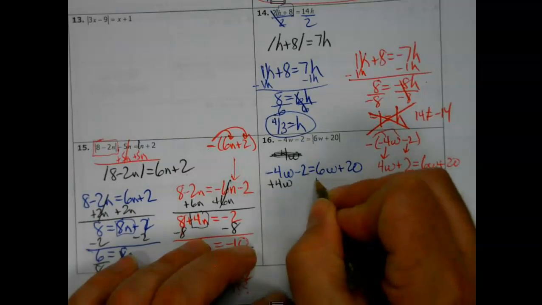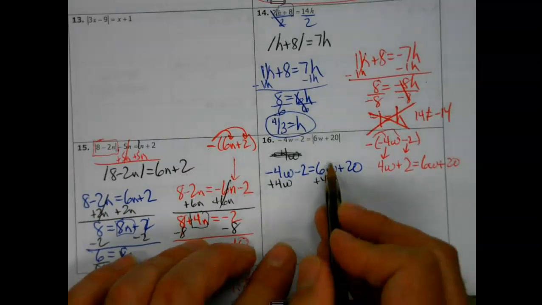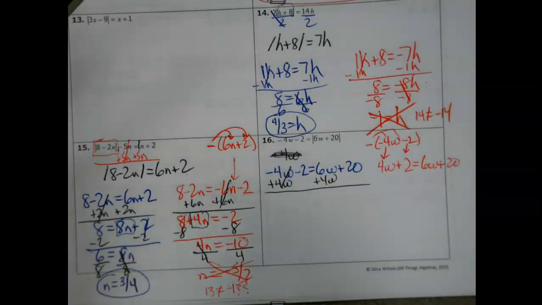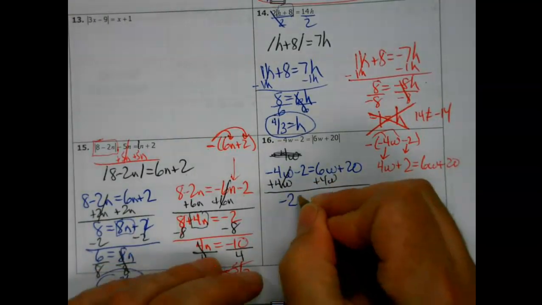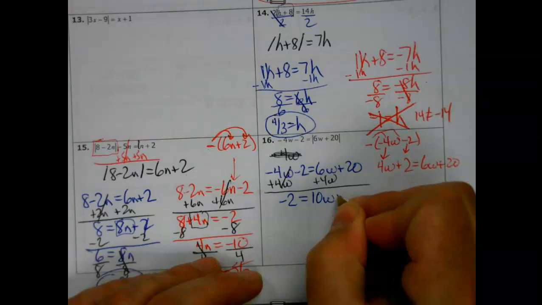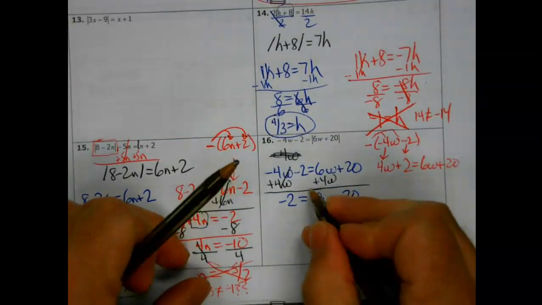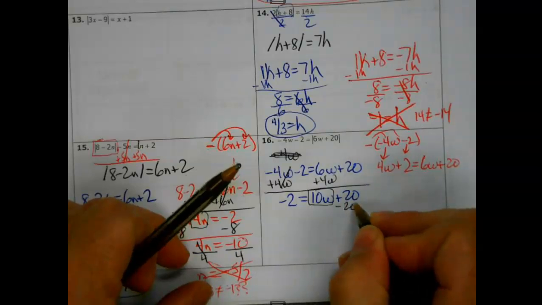I'm going to work on getting all my w's together. If you wanted to minus 6w, if you're a variable on the left side person, that's a-okay. Get those w's alone.